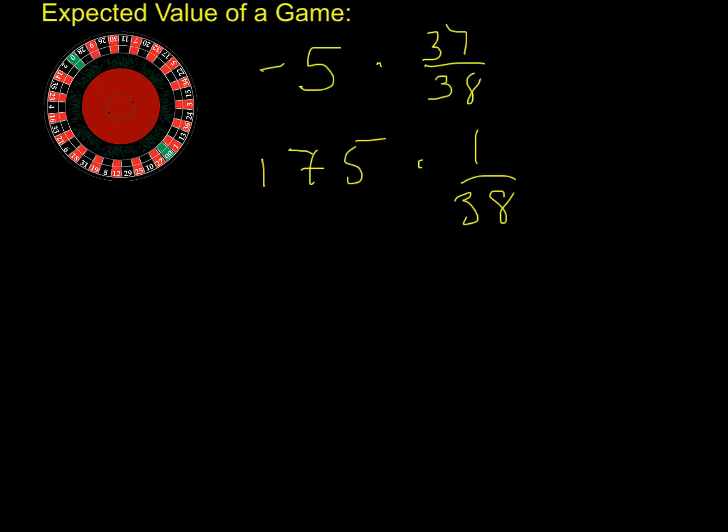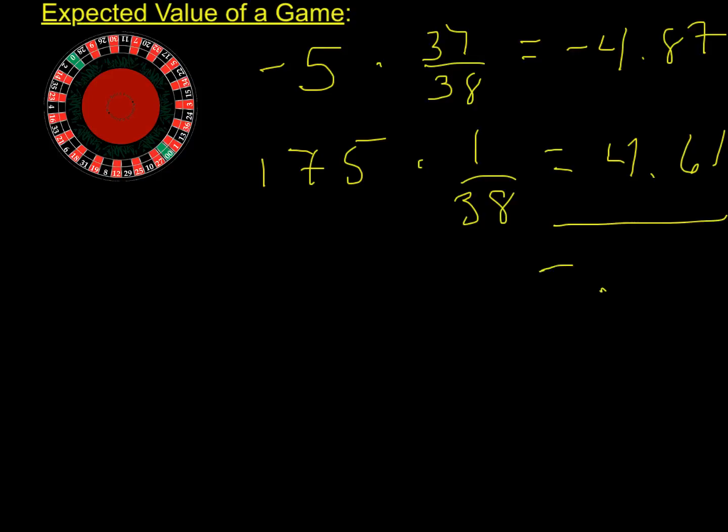So when we multiply these out, we find that this is equal to negative $4.87. And when we multiply the winning out, we find that is equal to $4.61. So what we do is we add them together, and we find that the total is negative 26 cents.